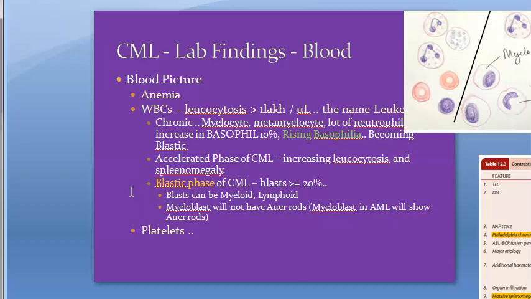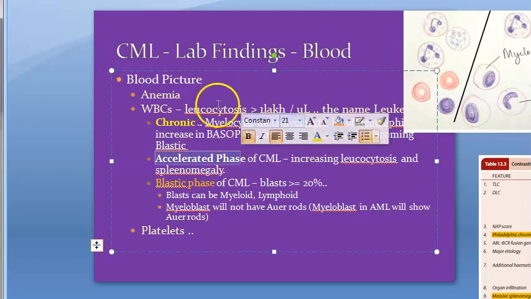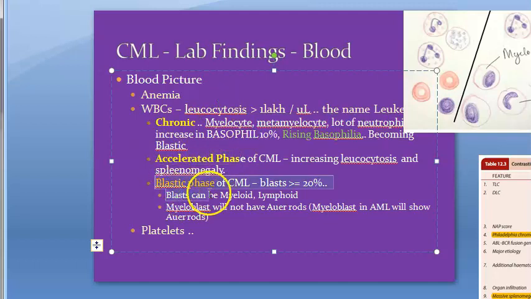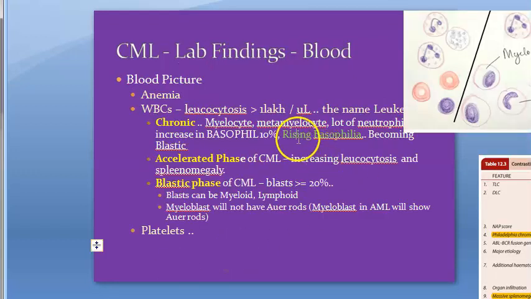Chronic, accelerated, and then blastic phase. Blastic is looking more deadly here. If there is rising basophilia, it means it's becoming blastic.